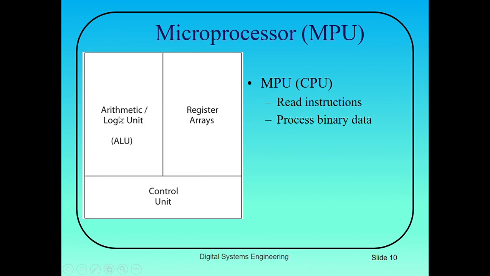The register array stores the data from memory for fast access. So this is the global block level diagram of a CPU.